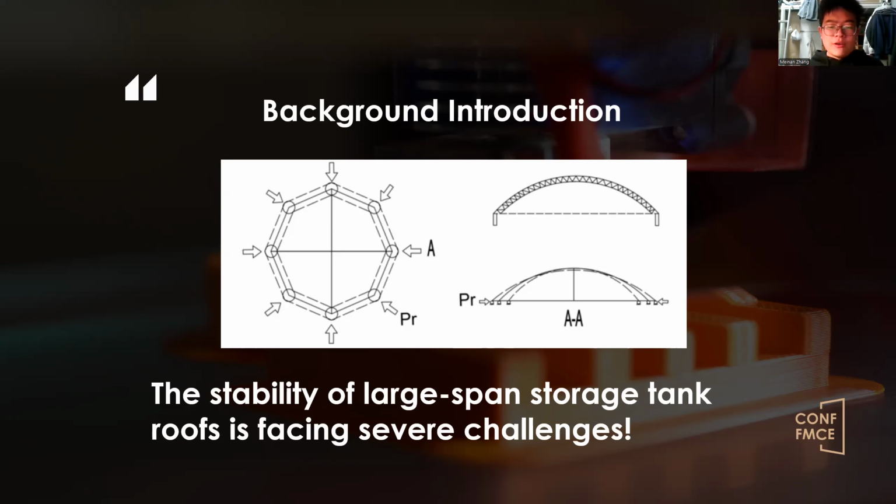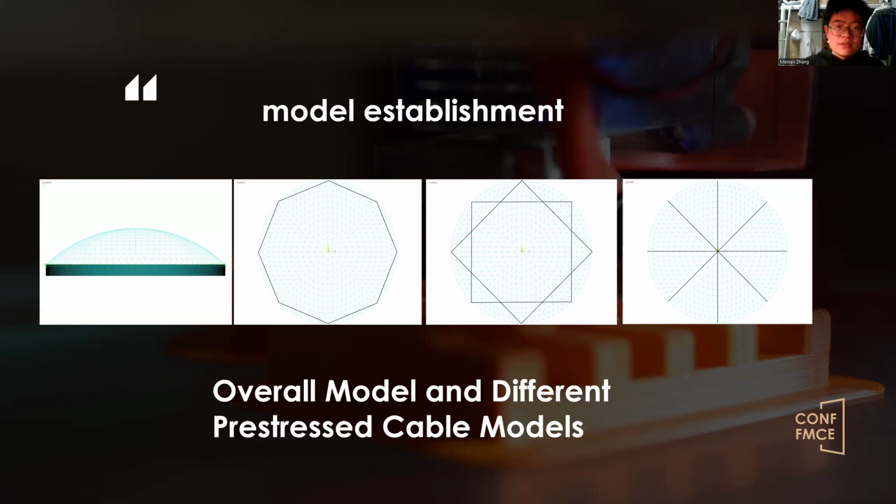But how it will perform specifically when combined with the storage tank reticulated shell roof structure remains to be verified.